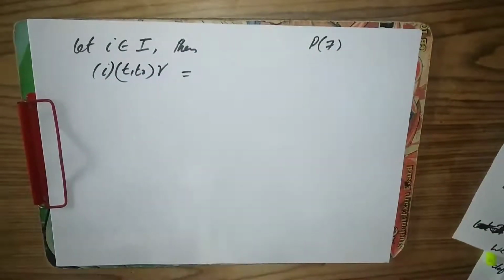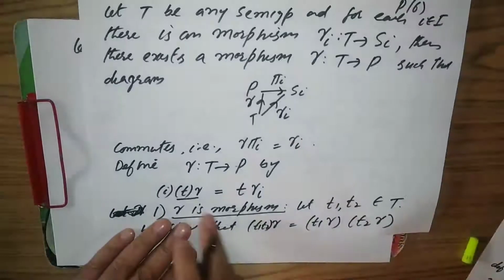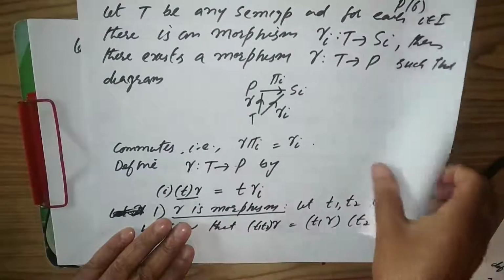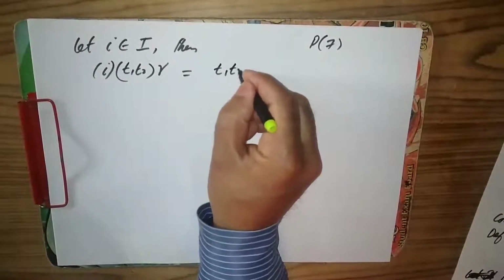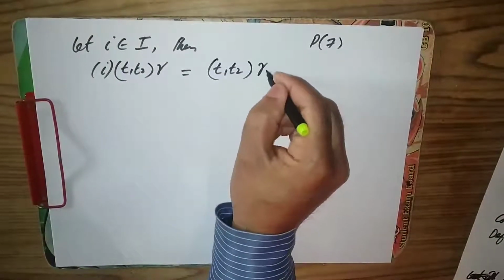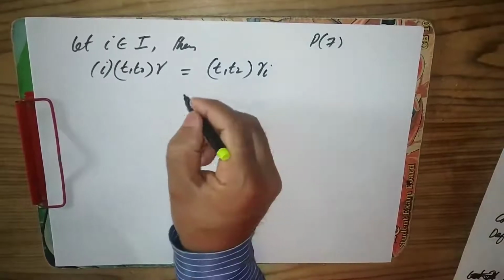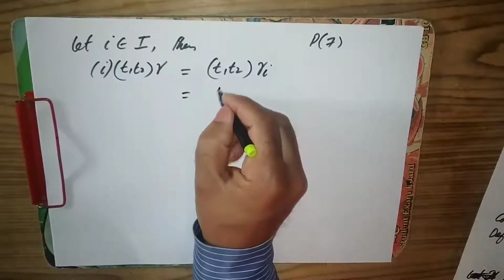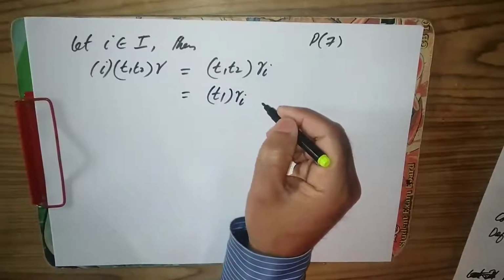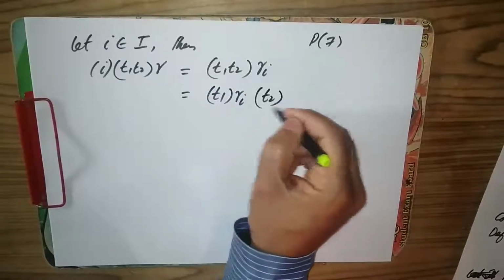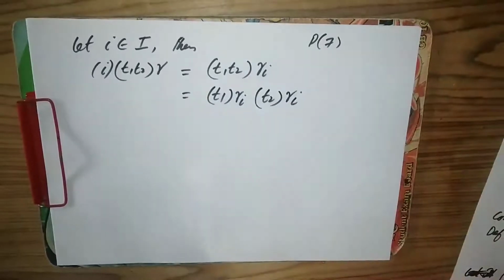By our definition, what's its evaluation at i? It's equal to i (T gamma). So here it's equal to i (T1 T2 gamma). It's T1 T2 gamma i, but gamma i is a morphism. It's given that it's a morphism, so it's T1 gamma i into T2 gamma i, because gamma i is a morphism.